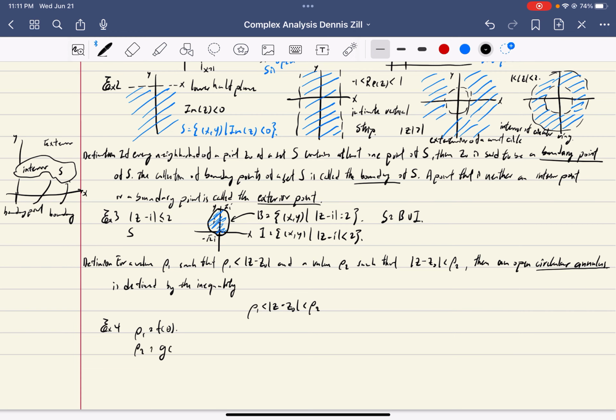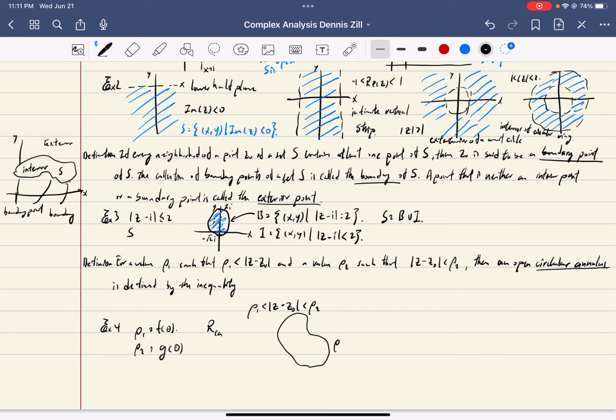So this is more abstract. Then your circular annulus region is just RCA, right? Let's say it is defined by this, right? This is ugly. Maybe this, right?